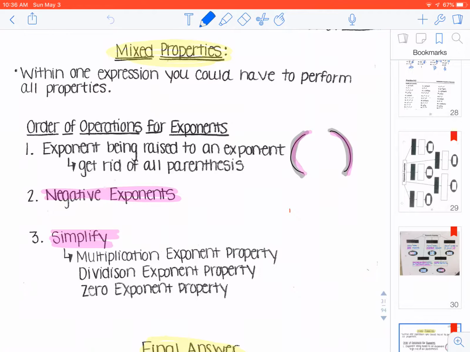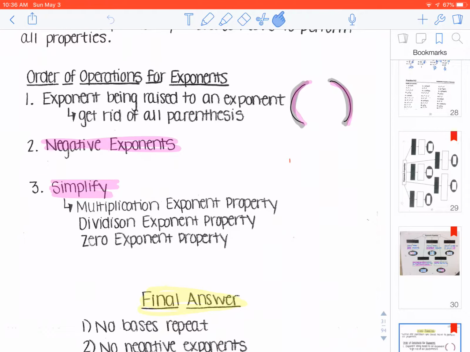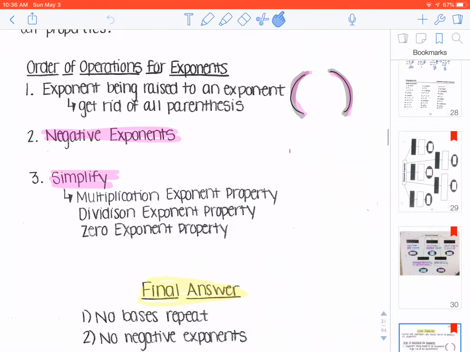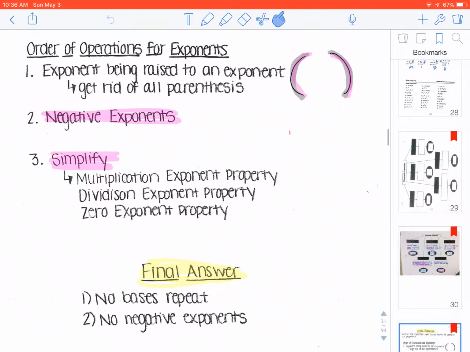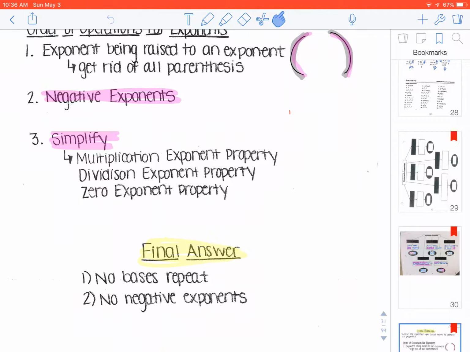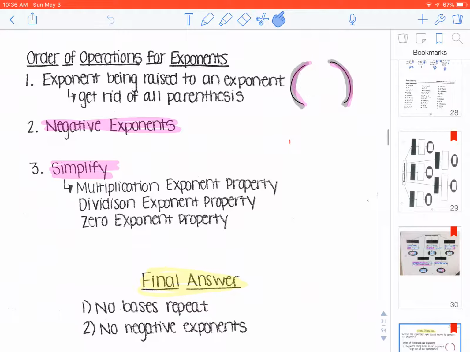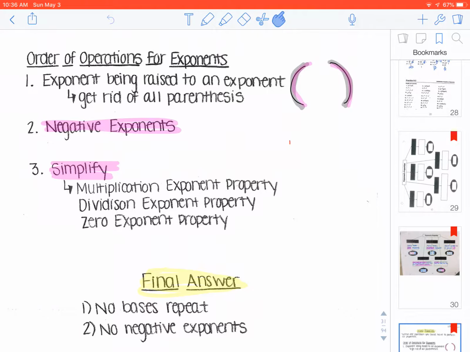So when you're simplifying, you're going to simplify the multiplication property, the division property, and the 0 property. Your final answer, no bases should repeat, and you should not have any negative exponents. So again, the simplified version of this is we are clearing parentheses, we are moving negative exponents, and we're simplifying.